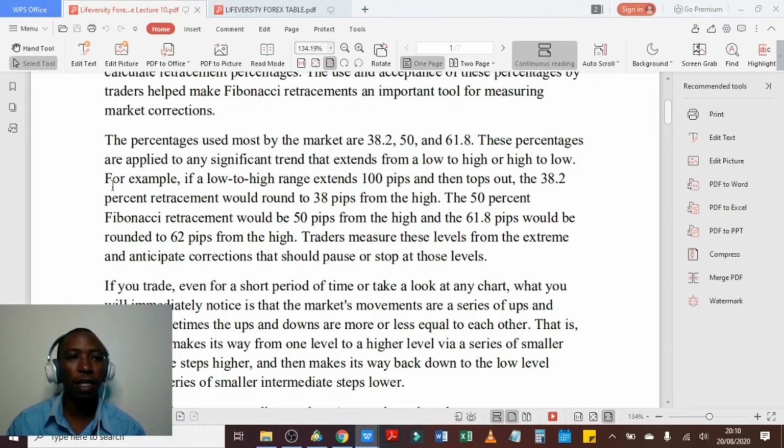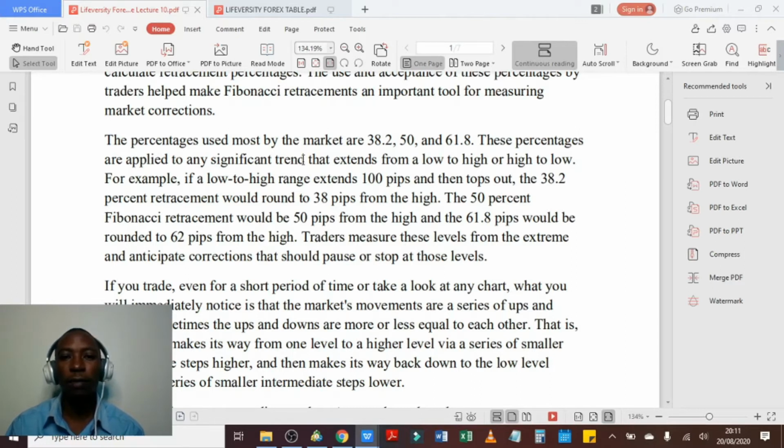These percentages are applied to any significant trend that extends from a low to a high or from a high to a low. For example, if a low to high extends 100 pips and then tops out, the 38.2% retracement will round to 38 pips from the high. The 50% Fibonacci retracement will be 50 pips from the high, and 61.8 pips will be rounded to 62 pips from the high.